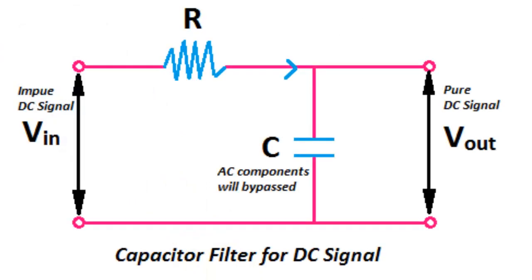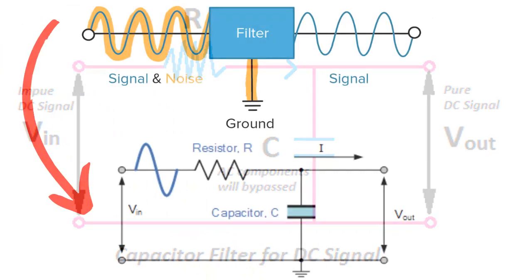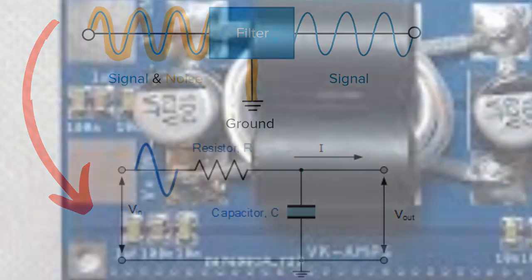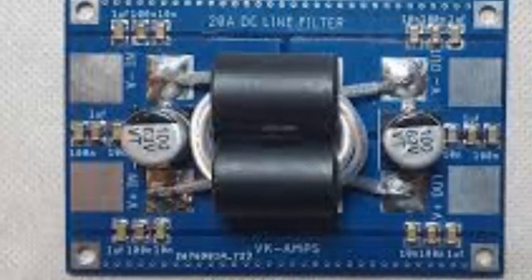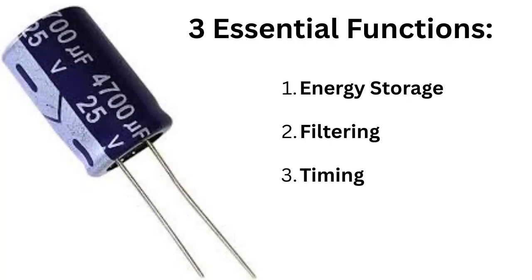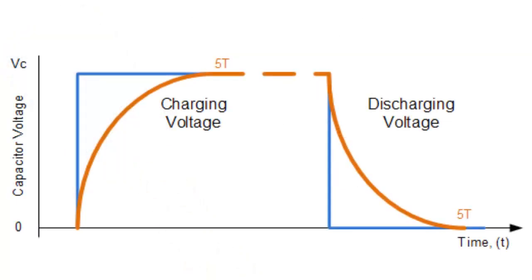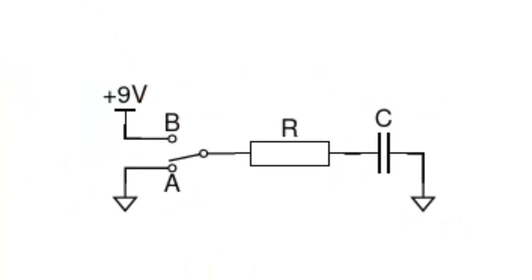In DC power supplies, capacitors are used to smooth out the ripples and noise in the signal, ensuring that sensitive microprocessors and sensors receive clean, stable power. They are the guardians of signal integrity. Third, timing. Since a capacitor takes time to charge and discharge, engineers use them in conjunction with resistors to create time delay circuits, such as setting the blink rate of an LED or the timing for a motor start sequence.